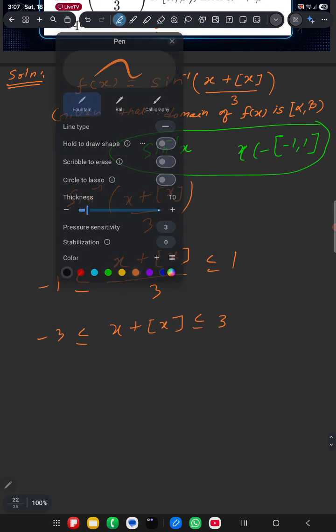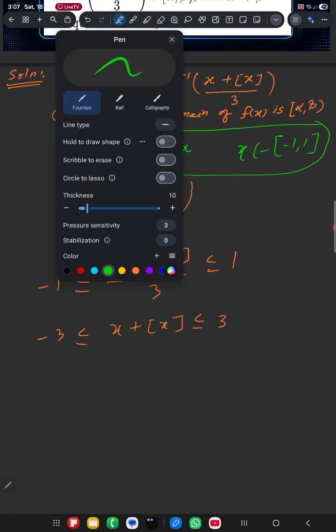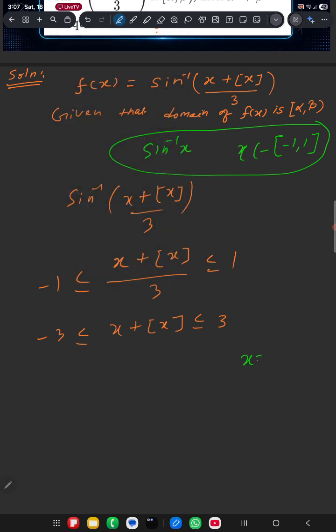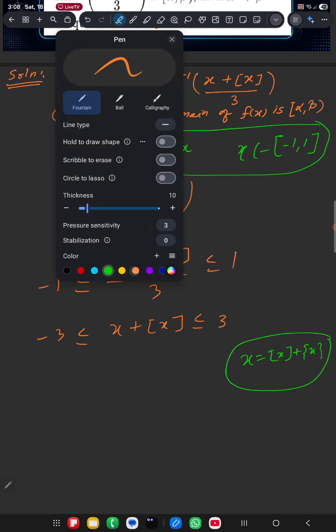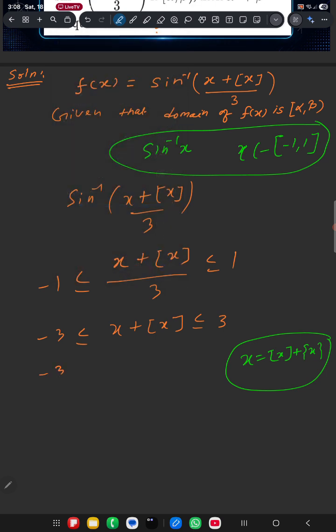Now one more thing we know about the greatest integer function is that x can be written as the greatest integer of x plus the fractional part of x. Using this, we will substitute for x.